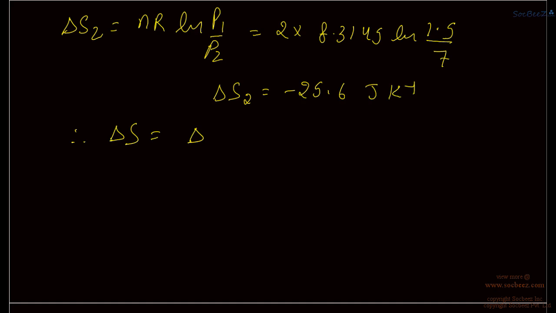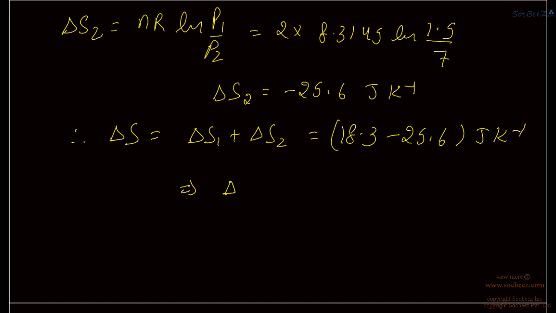Therefore the total value of delta S is delta S1 plus delta S2 equals 18.3 minus 25.6 joule per Kelvin. So from here the value of delta S is minus 7.3 joule per Kelvin.